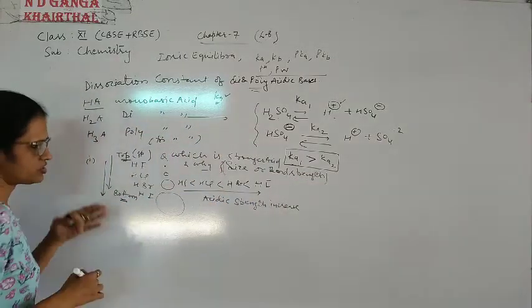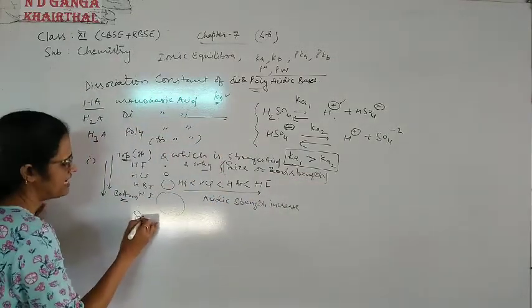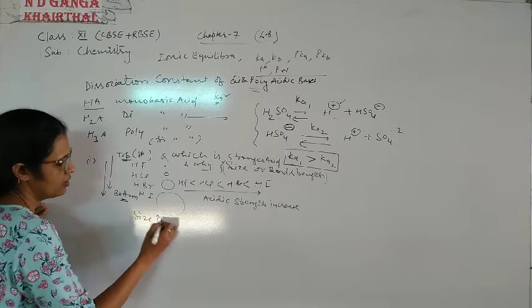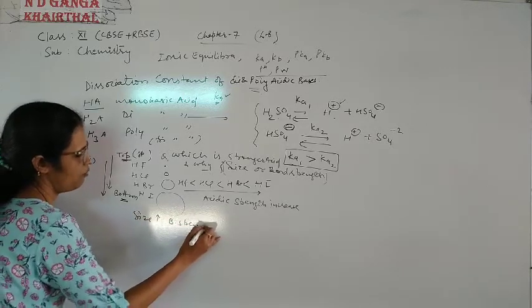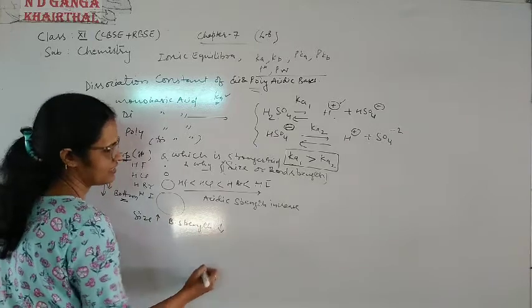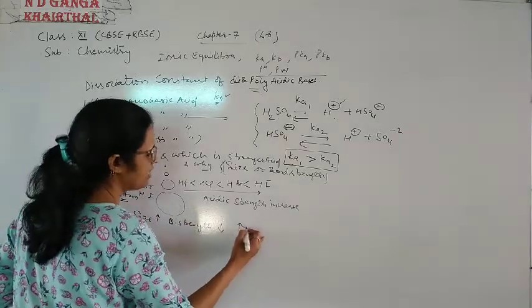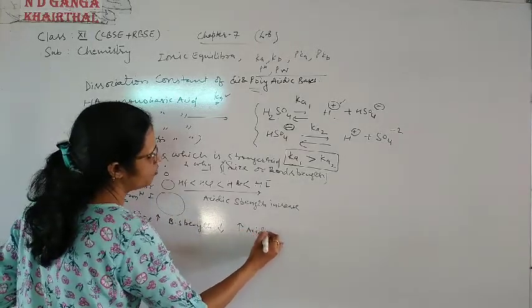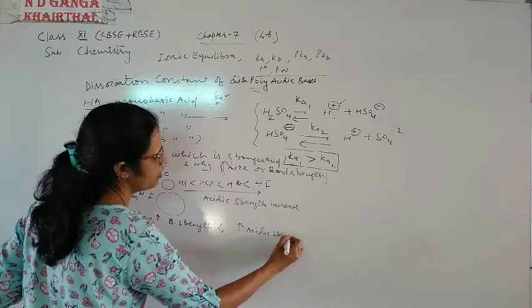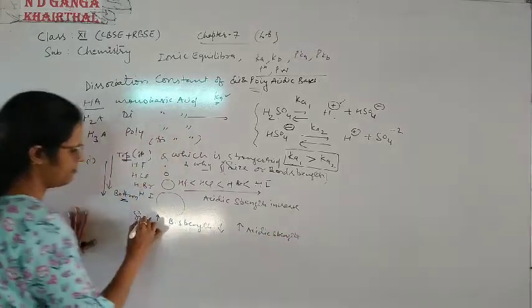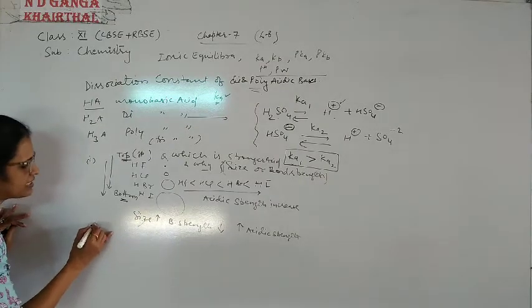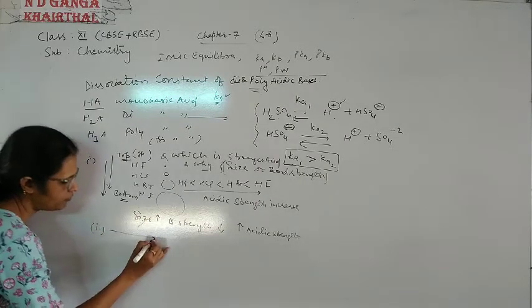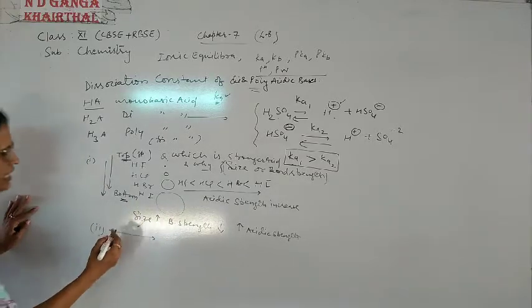If size is more, bond strength is less, and acidic strength will be more. Clear?